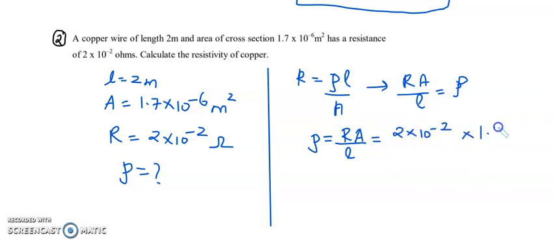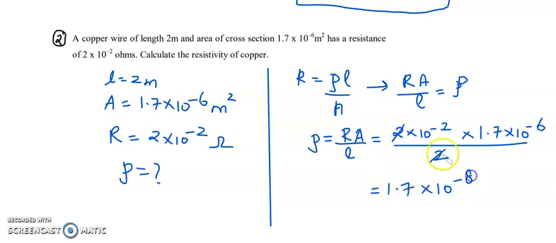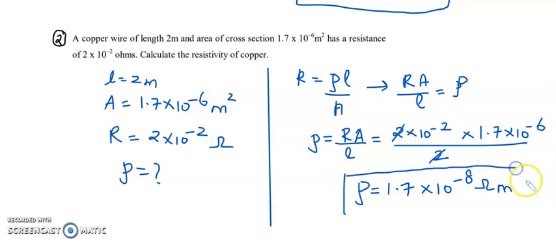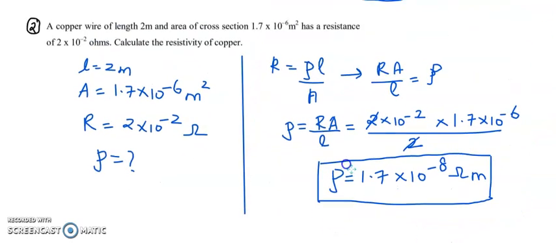What is A? 1.7 into 10 raised to minus 6. Divide by L, which is 2. The 2 and the 2 go off. So you get 1.7 into 10 raised to minus 8, because powers have to be added. Again, you need to remember the laws of exponents which you learnt in maths 8th standard. Okay, clear? Next.